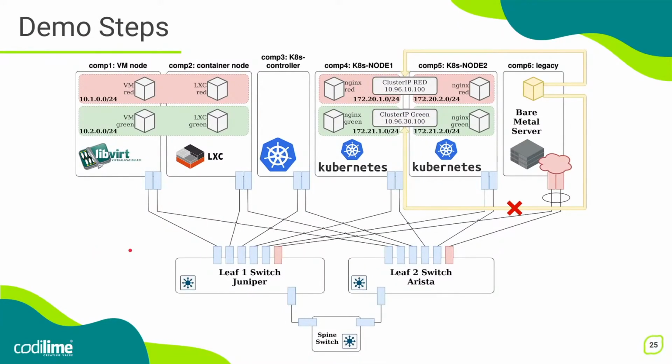Yes, so the last thing that we want to show you during this demo is that we also can achieve this layer 2 communication from a device that doesn't have any support for VXLANs or EVPNs.